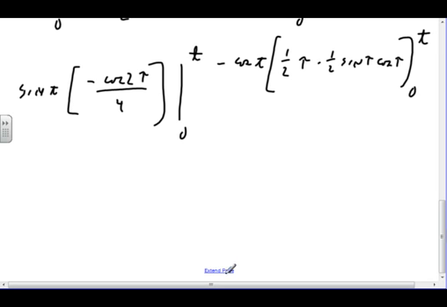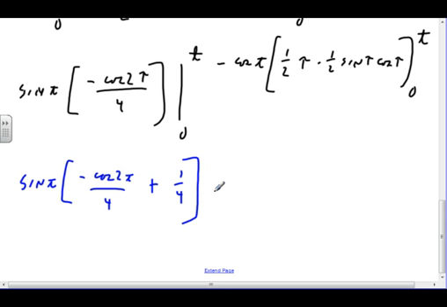All right, this is where I messed up. When I put this guy in, I put the t and the 0 over here, and I shouldn't have done that. So that's what I remembered over spring break. So this is going to be sine t times minus cosine 2t over 4, and then the cosine of 0 is going to be 1, so that'd be minus 1/4. But it'd be minus a minus 1/4, so that'd be a plus sign.